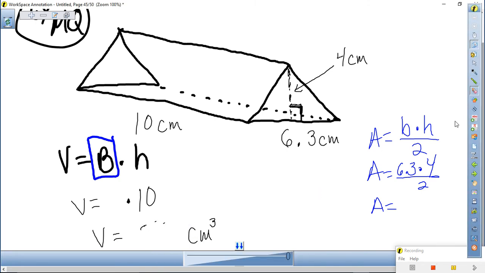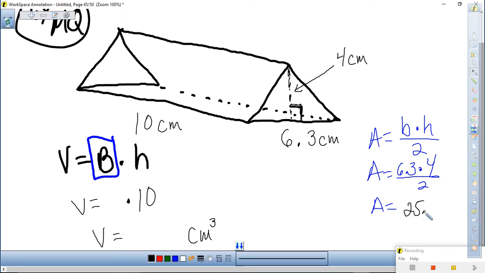Let's try again. First, give me the area of the base. Ryan, what'd you get for the area of the base? 25.2. So this became, let's see, isn't this 25.2 and then divided by 2?